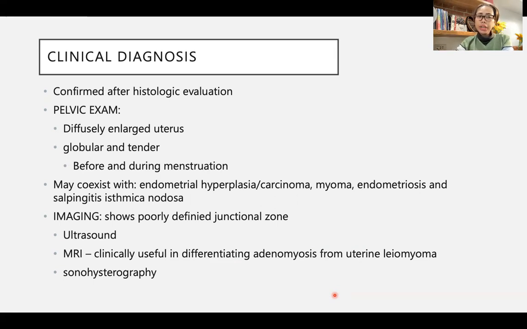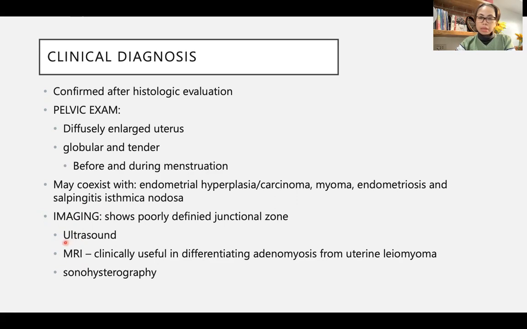As I mentioned earlier, it can coexist with other pathologies such as endometrial hyperplasia or carcinoma, myoma, endometriosis, and salpingitis isthmica nodosa. Imaging techniques show a poorly defined junctional zone, again the junction between endometrium and myometrium. We can do a simple 2D ultrasound.